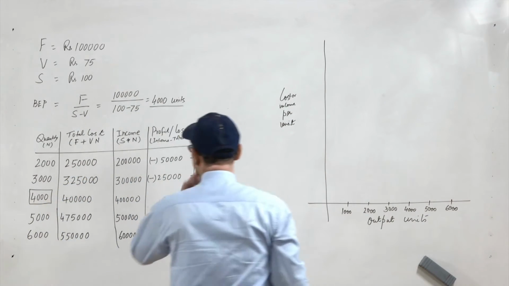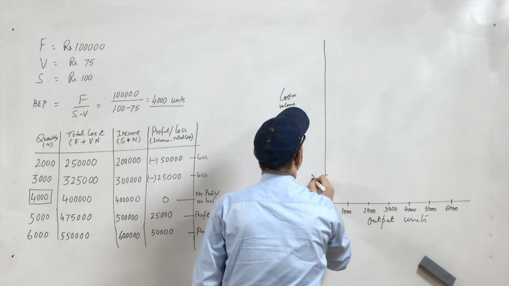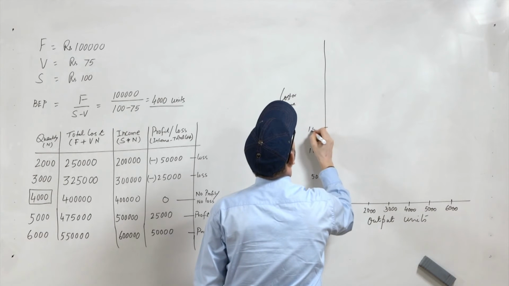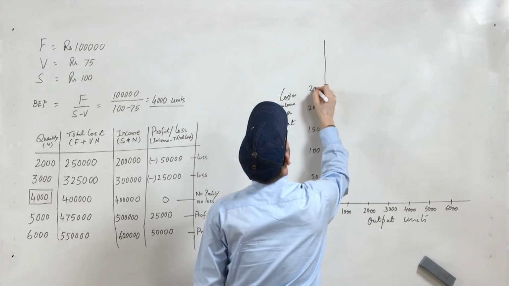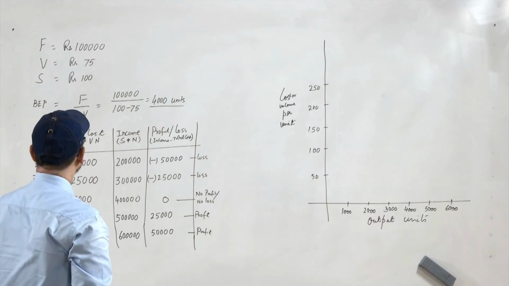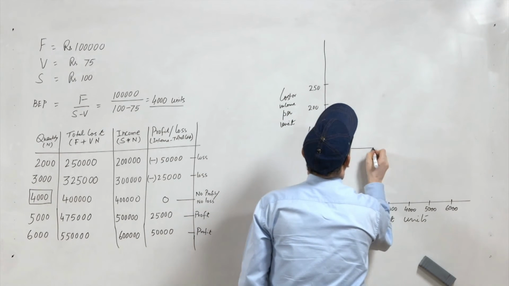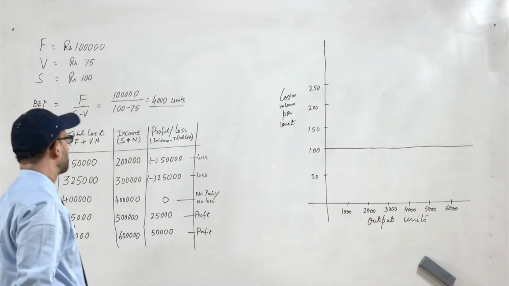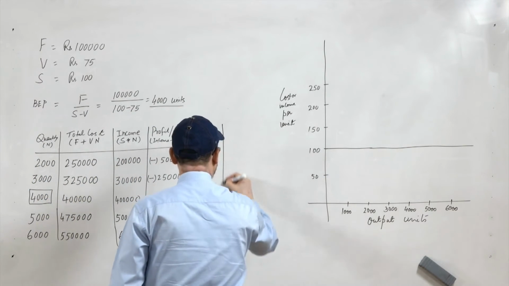Now, in that we can have 50, 100, 150, 200, 250. So, what we see is the income per unit, that is rupees 100. So, income per unit line will be this. Now, what we can do is we can have the variable cost here.